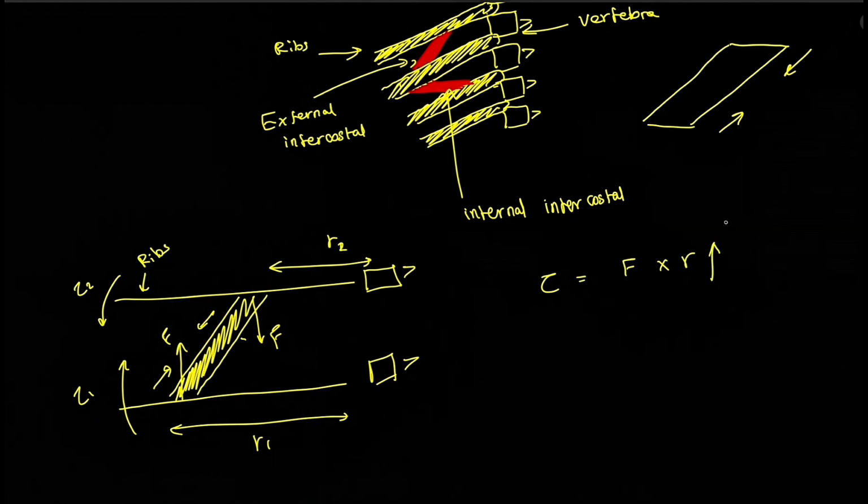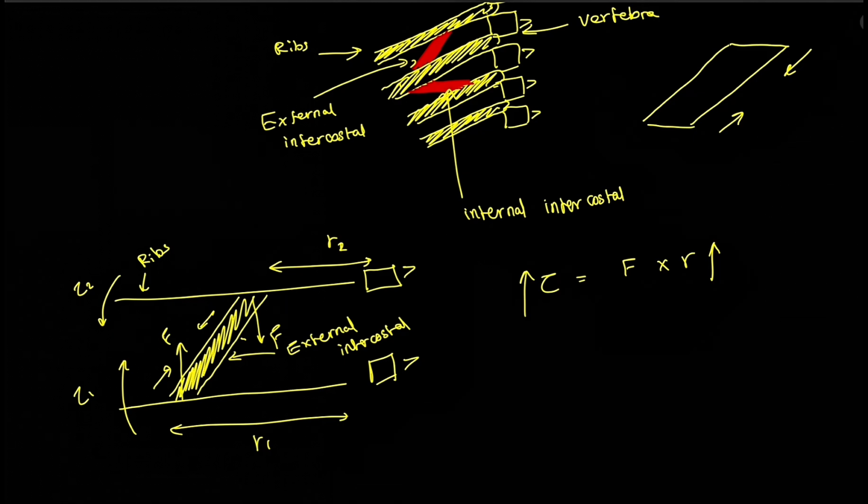When r increases, the torque increases too. Due to that, when the external intercostal muscles contract, the ribs move upwards.